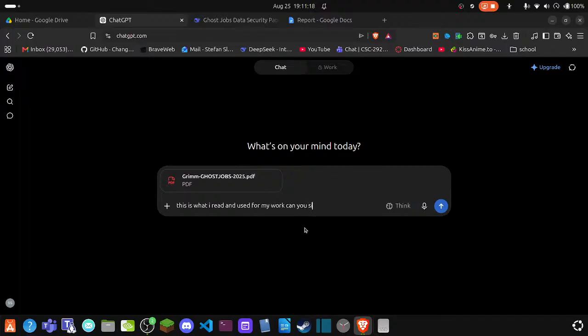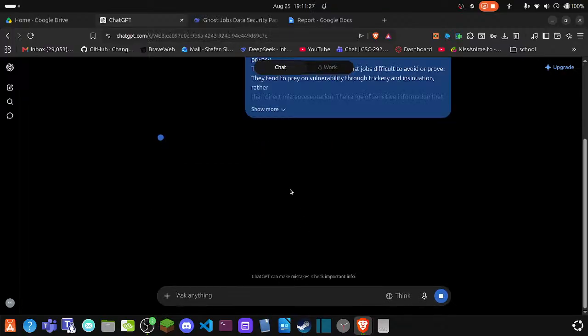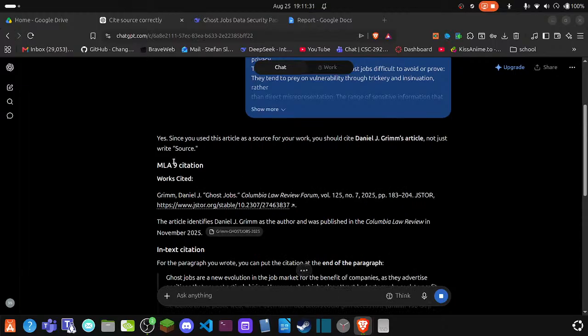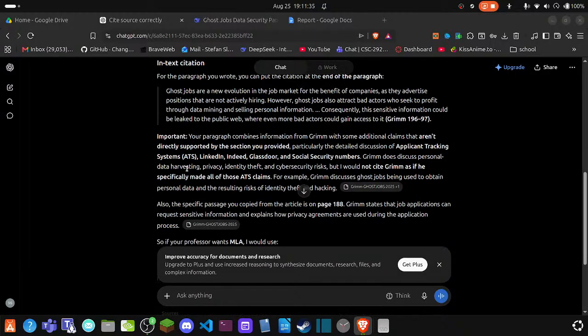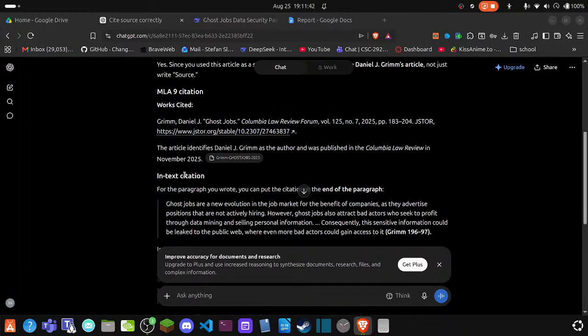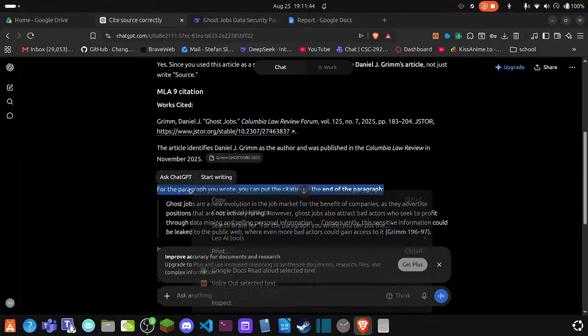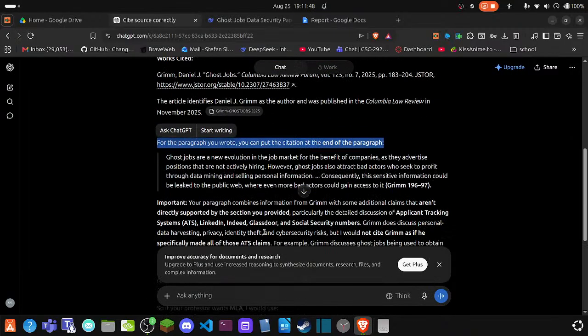Can you cite it? Wait. They did not do everything. For the paragraph you wrote, you can put the citation at the end of the paragraph.